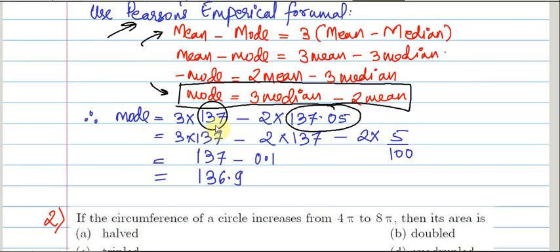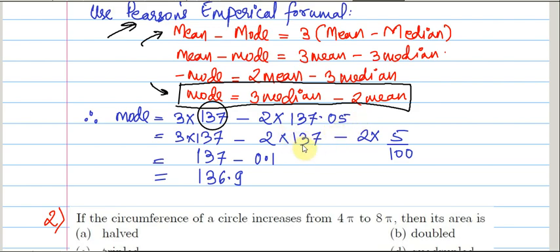Usually you can multiply these numbers directly and get the answer. What I have done here is I have handled this decimal part separately.